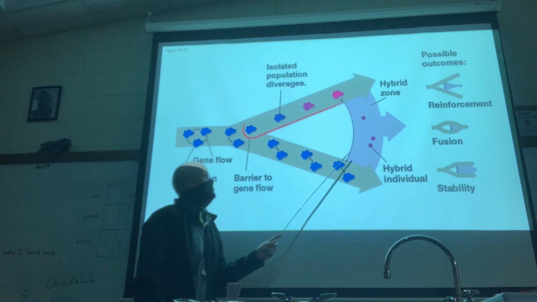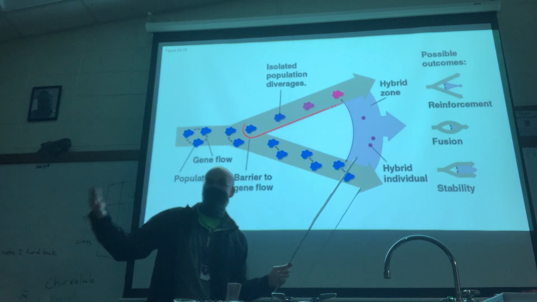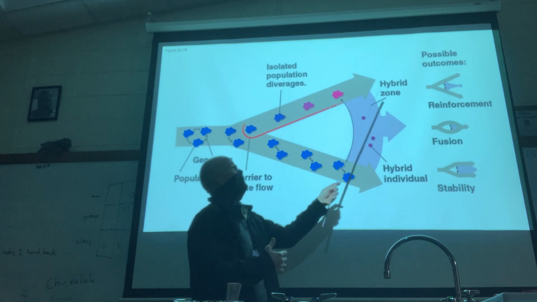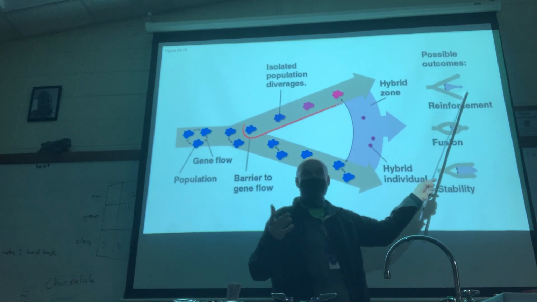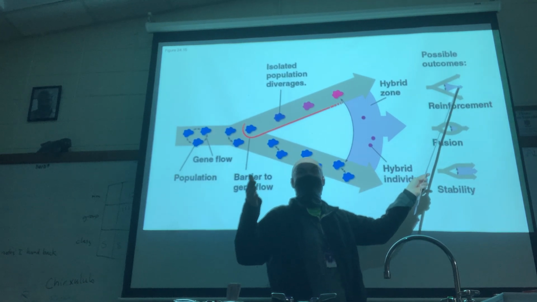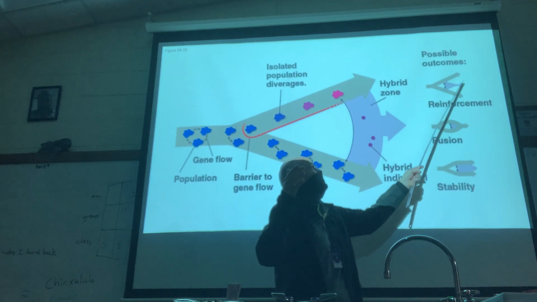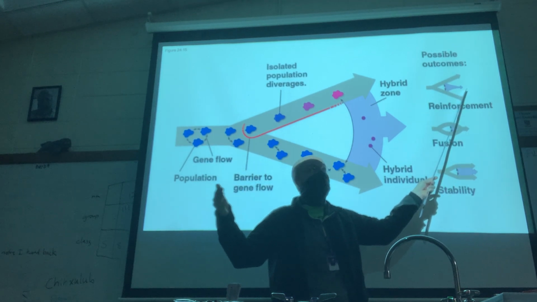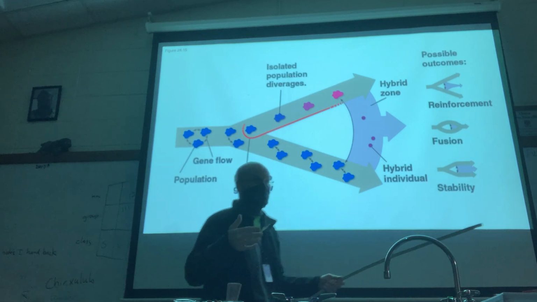These two populations are separating because they're not exchanging genetic information with each other. All right? Well, when they do exchange genetic information, if the result is a weaker fitness in the offspring, then these organisms that live between them are not going to survive and reproduce enough to allow genes to move between these two populations.